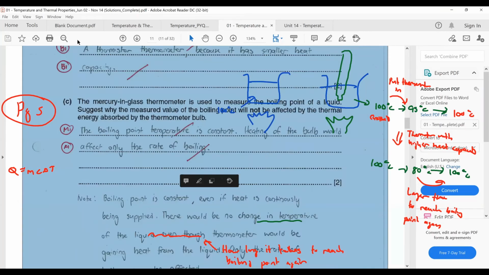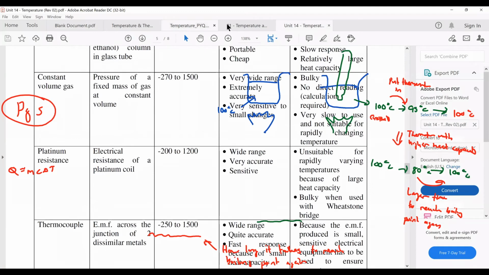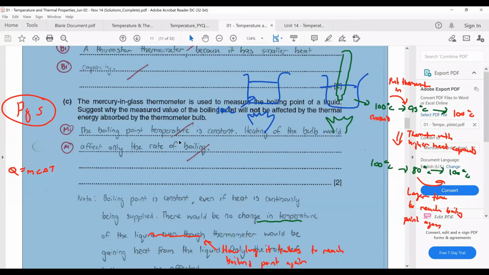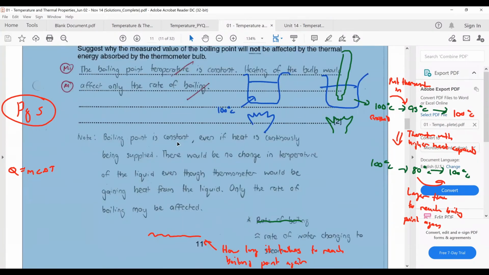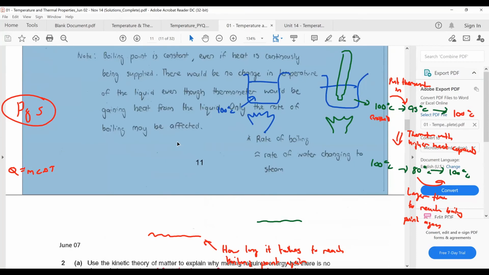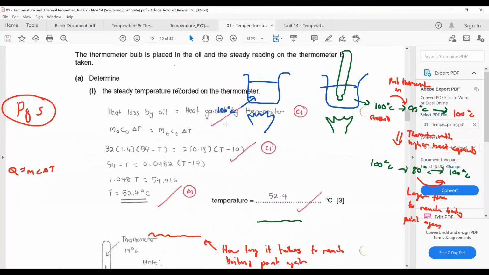Okay, so this one is fine, then we'll just move on to the next question. I believe the next question is page 10. Go to page 10 of that same worksheet.